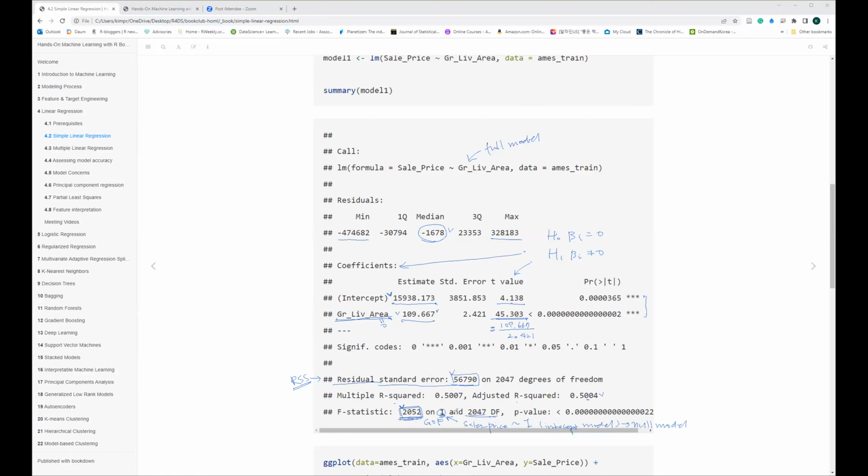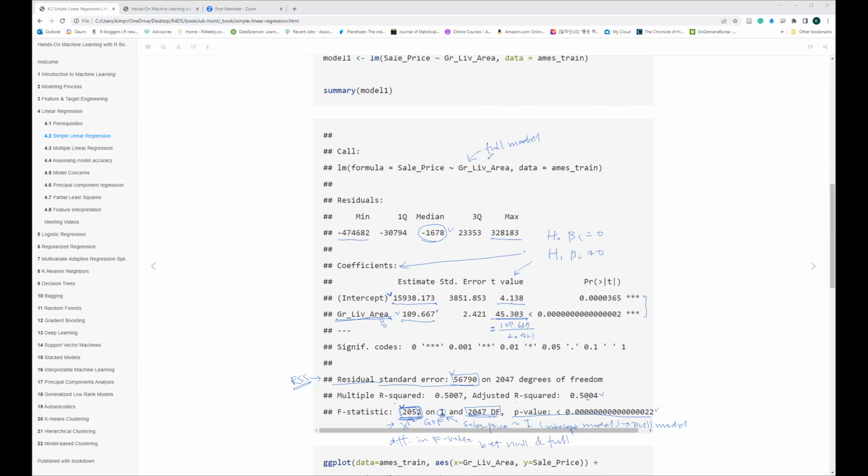Under 1 and 247 degrees of freedom, 2052 is highly significant, which is the p-value shown here. This chi-square value represents the difference in F statistic value between the null model and the full model.